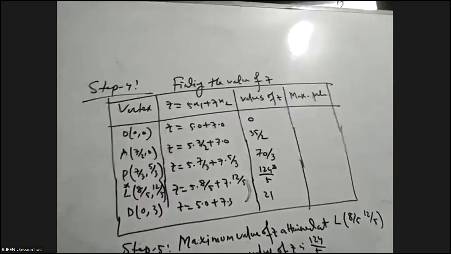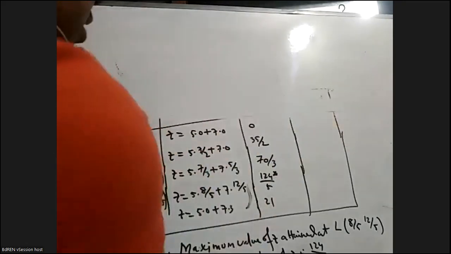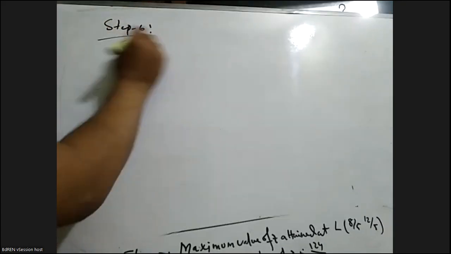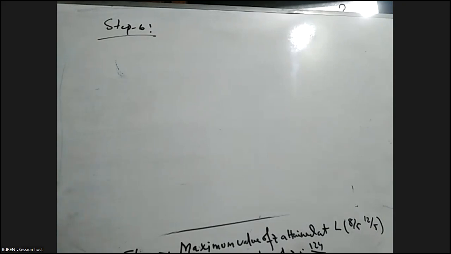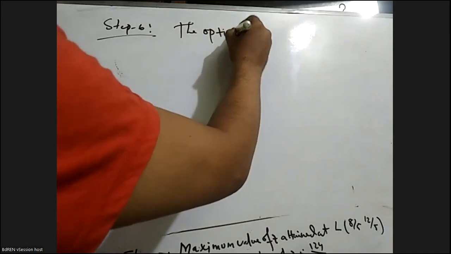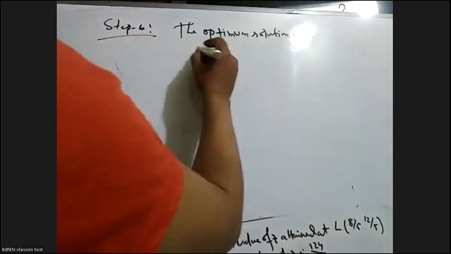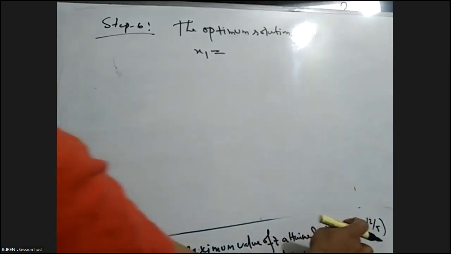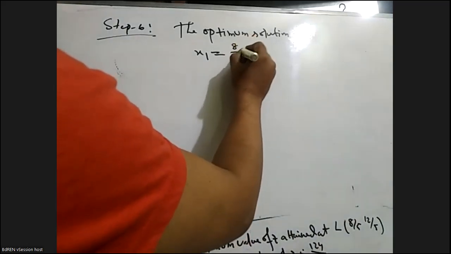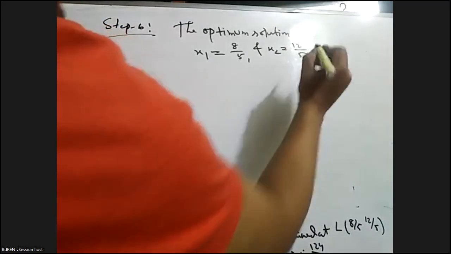Last step will be step 6. The optimum solution is x1 equals what? 8 by 5 and x2 equals what? 12 by 5.